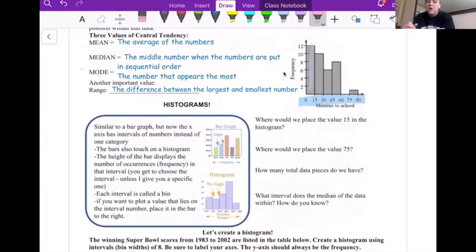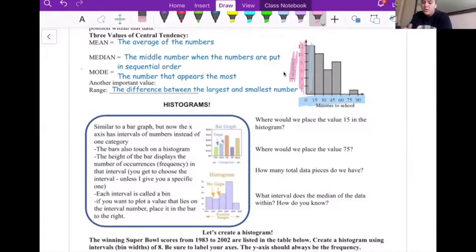And then our y-axis is the frequency. And so our frequency, this is how many times these numbers appear in our data.